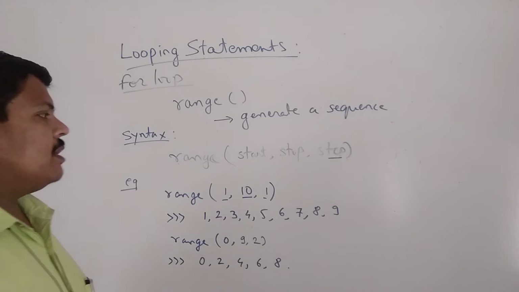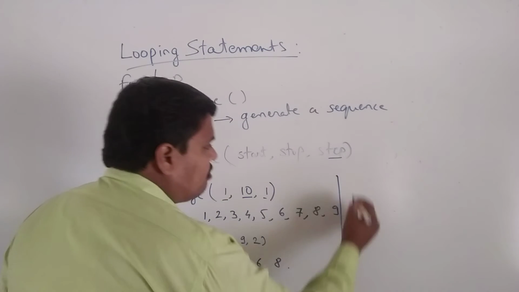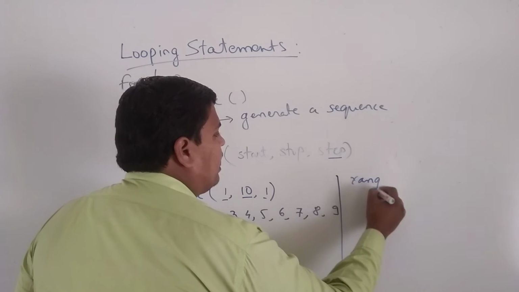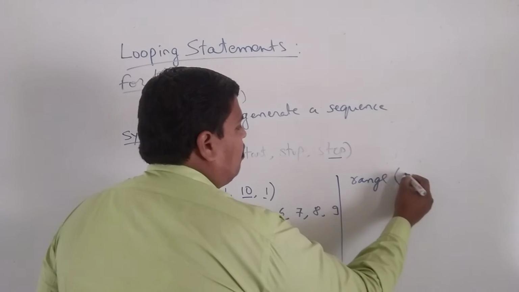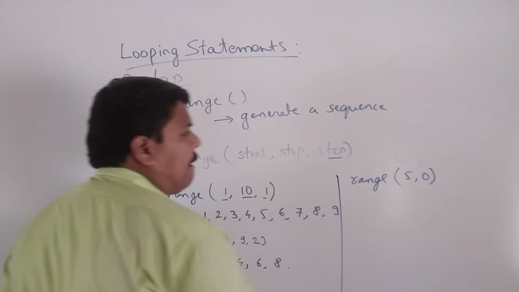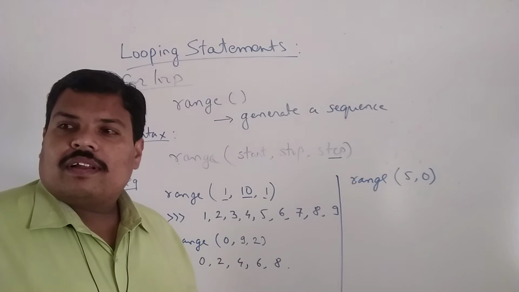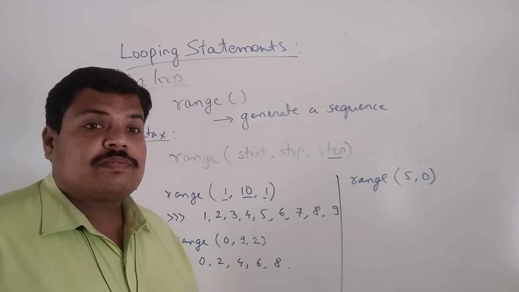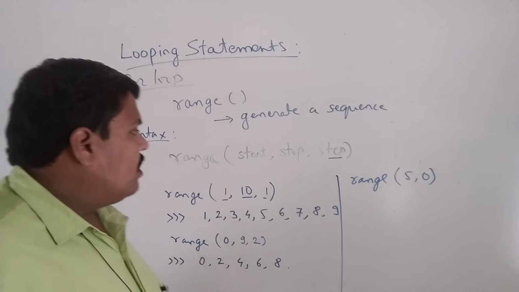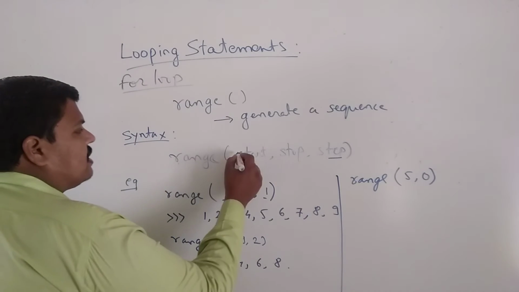Now tell me, is it possible for the range function to be executed from 5 to 0? See what the syntax says.